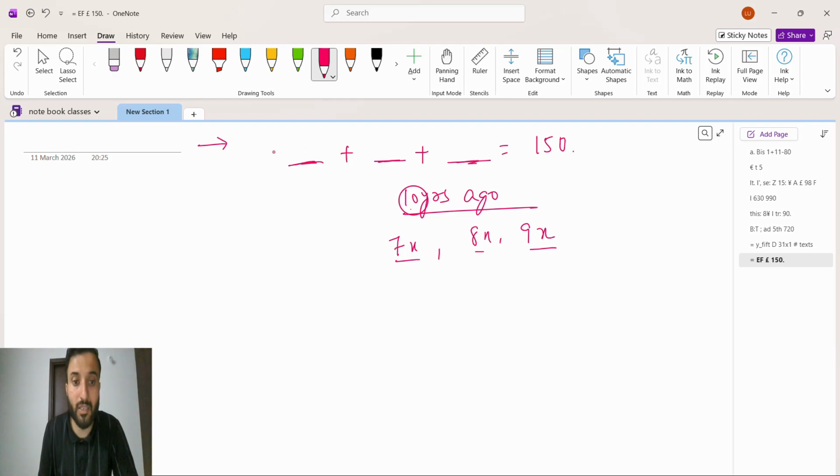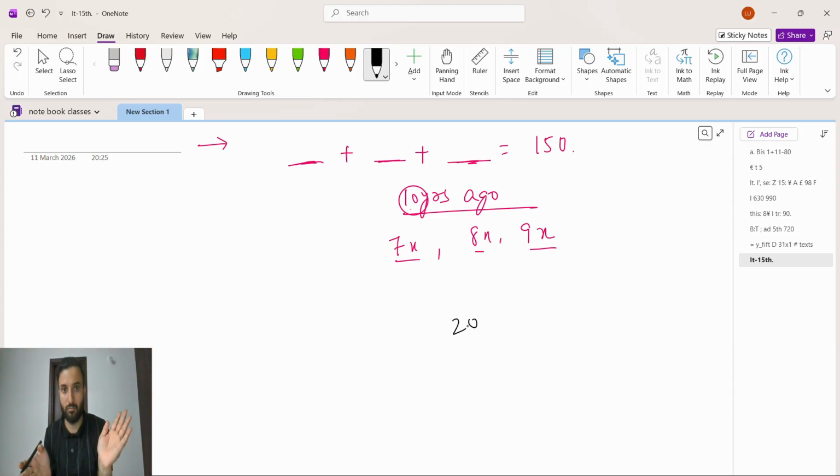So what will their age be now? Guys, see, if 10 years ago your age was 20, so what is the age now? We will add 10, so 20 plus 10 it will become 30 years. Same, they said the sum of the age of three persons is 150.